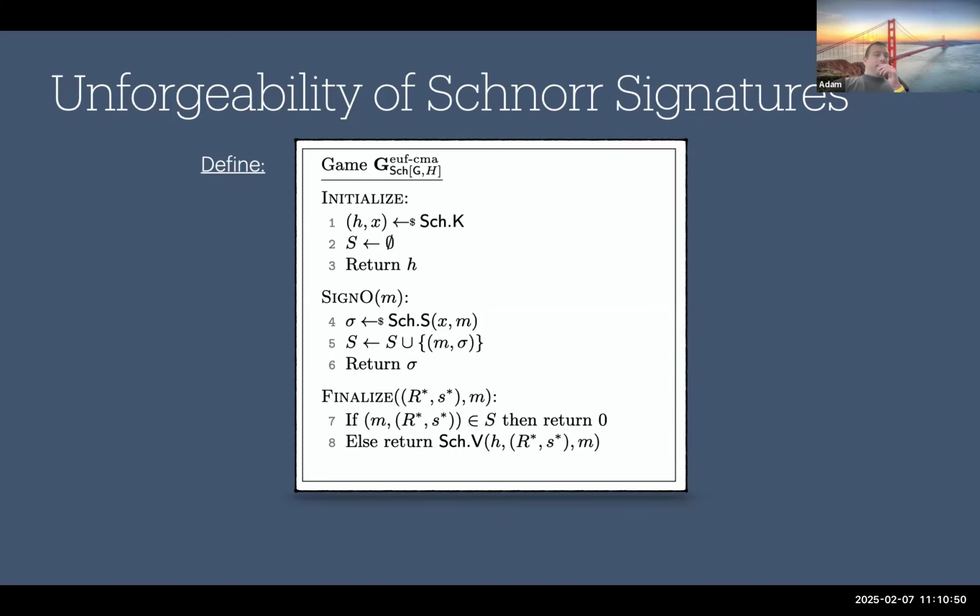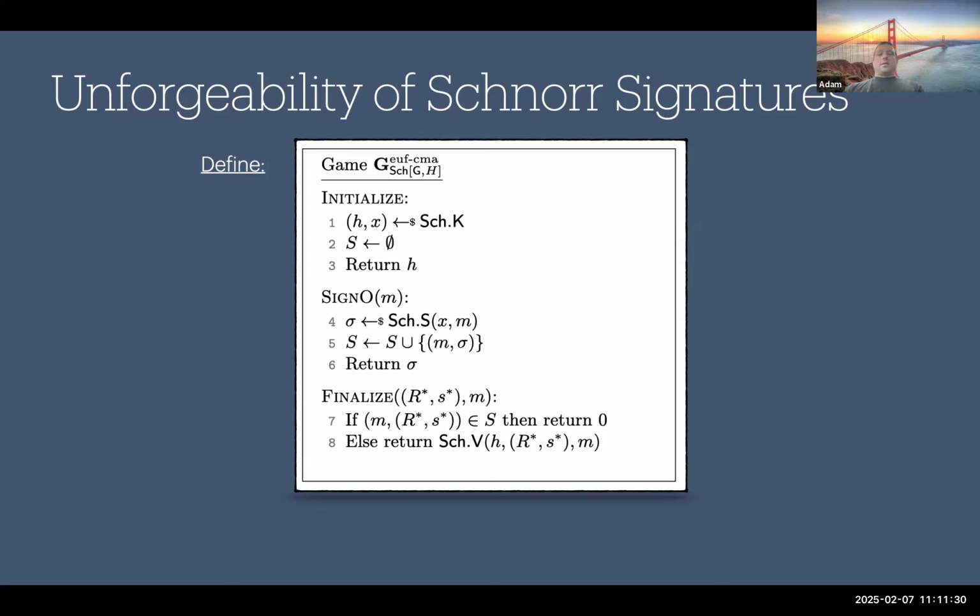And now I define security of Schnorr signatures. This is also standard. The way the game works is the initialize procedure generates a public and private key and gives the public key to the adversary. Then the adversary can call a signing oracle on messages of its choice and gets back signatures. The finalize procedure checks that the output signature is valid and that it's fresh, meaning that the signature wasn't returned by the signing oracle.